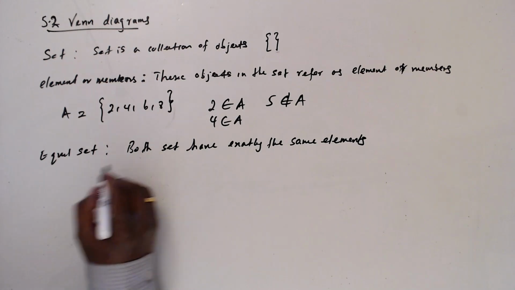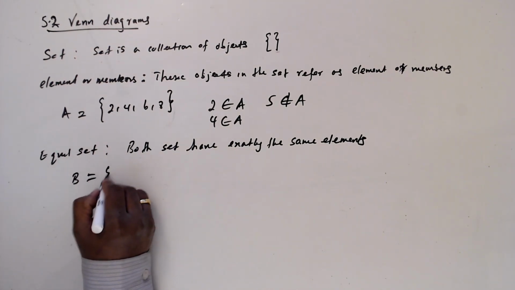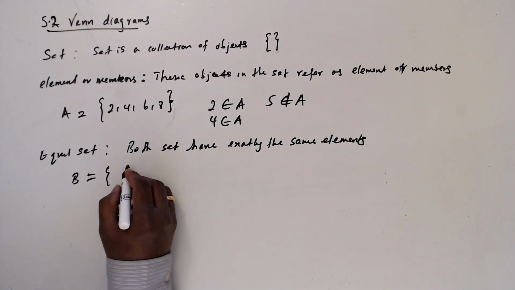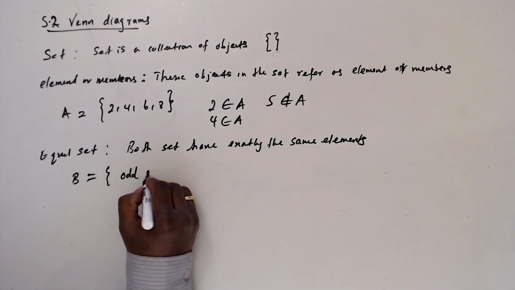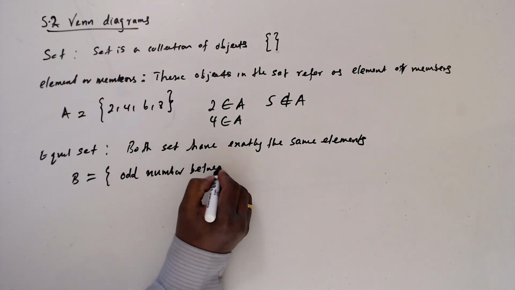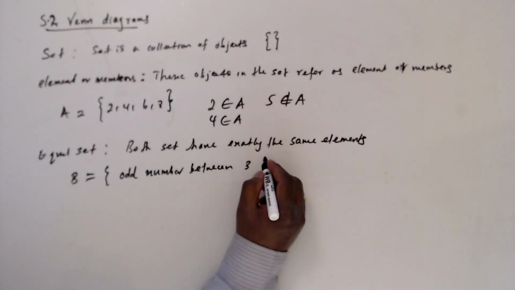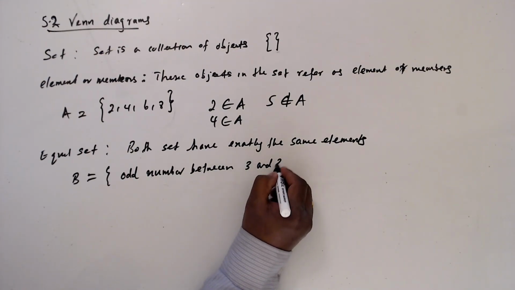For example, I'm defining a set of odd numbers between 3 and 8.